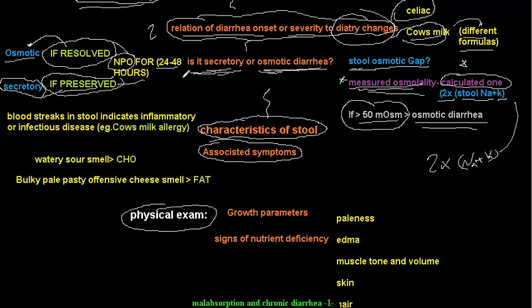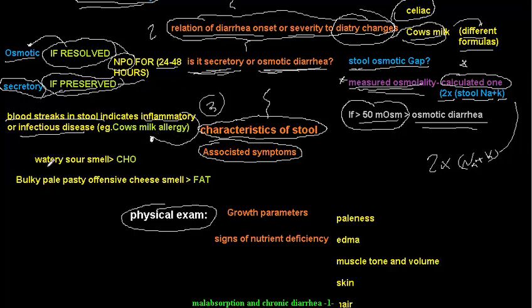Now the third point in history is the characteristics of stool. If you have blood streaks in a stool, that indicates you have an inflammatory process or an infection. Inflammation like what? Like cow's milk allergy, for example.